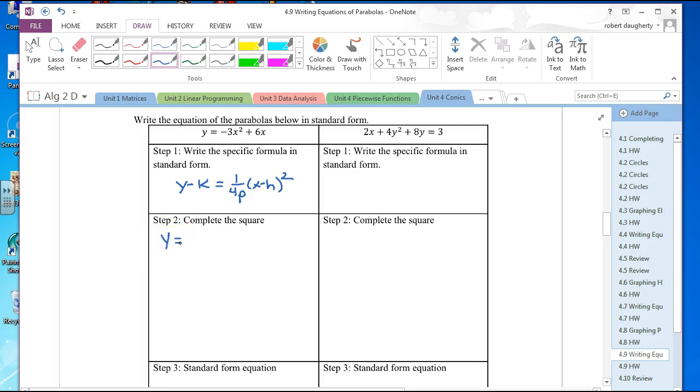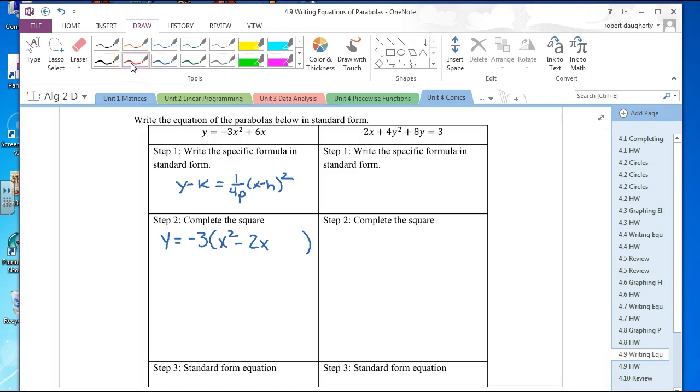What do I do to complete the square when it starts with a negative 3x squared? I have to factor out the negative 3. So this is negative 3 times x squared minus 2x. So I factored out a negative 3. This is negative 3x squared plus 6x.